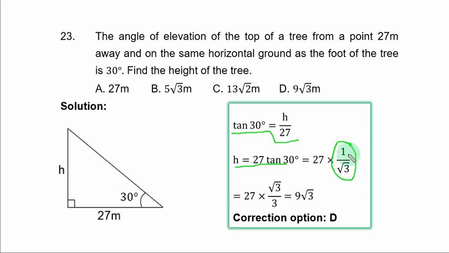To do that, you use root 3 to multiply 1 and you have root 3, and root 3 to multiply root 3 and you have 3. So you have 27 times root 3 over 3. Divide 27 by 3, you have 9 root 3. D is the correct option.